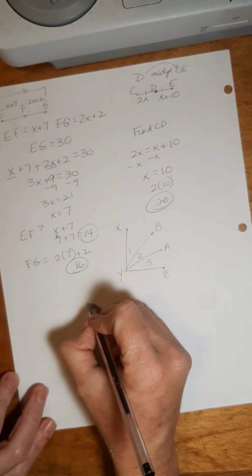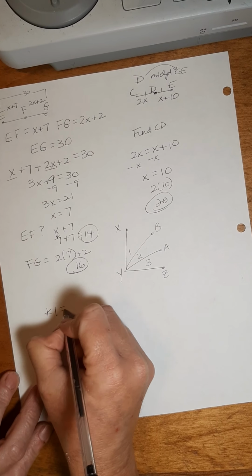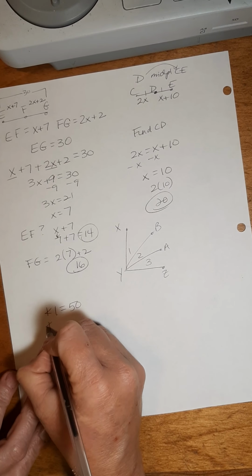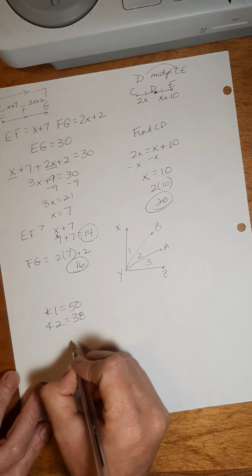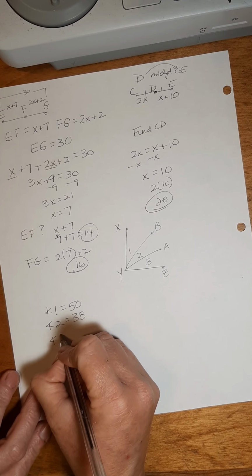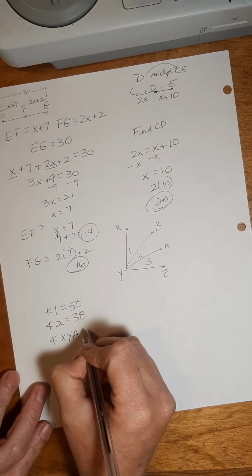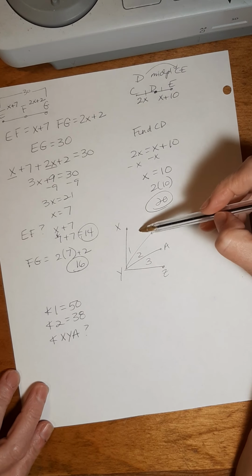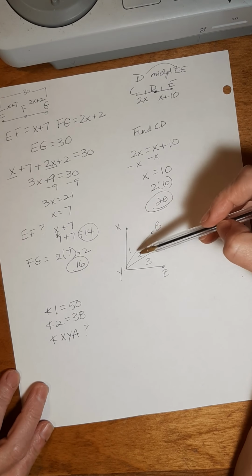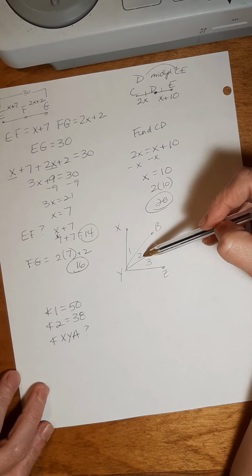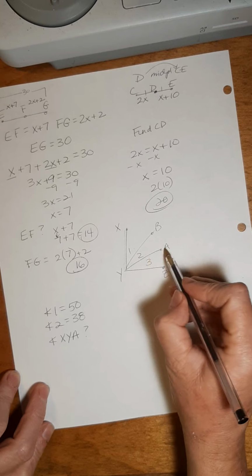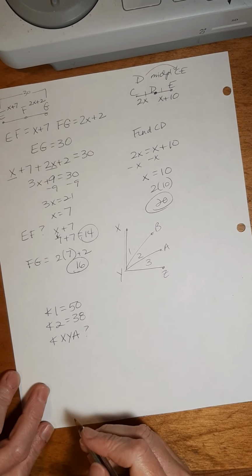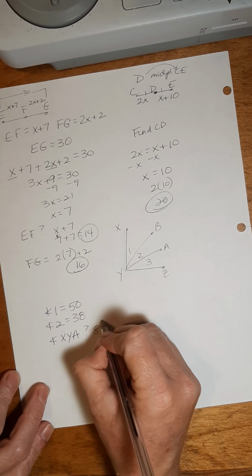Okay, let's say angle 1 is 50. Angle 2 is 38. So if I said find XYA, well, if 1 is 50 degrees and 2 is 38, notice how XYA is just those two put together. So you're going to add them, 88.